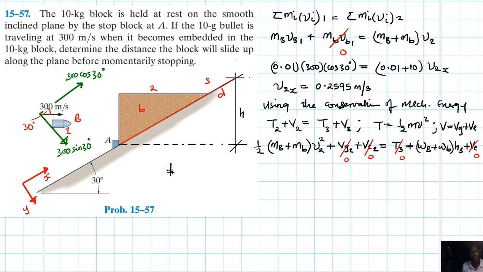So we have now half times (0.01 plus 10), and then we have our v_2. Our v_2 is just equal to 0.2595 squared, and this is equal to W_b, so this is just 10.01 by 9.81 h_3.